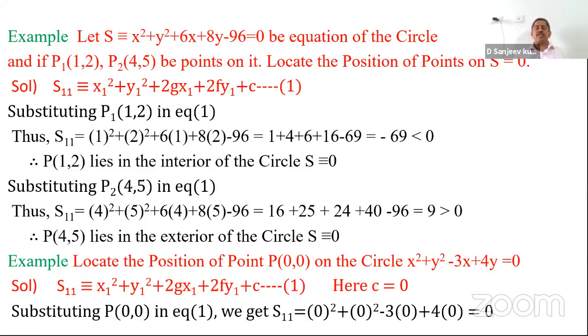We got S11 is equal to 0. The reason for getting S11 equal to 0 is that you don't have any constant and the point was the origin. So whenever you don't have any constant in the equation of a circle, the circle is always passing through the origin. This is what you learned in the first class.